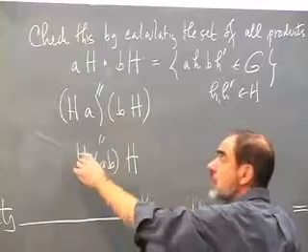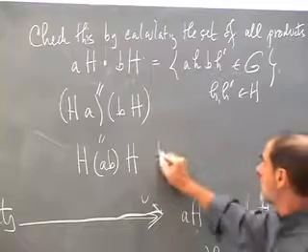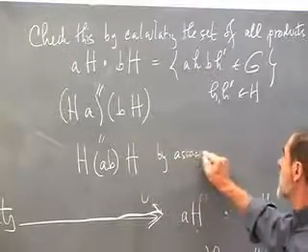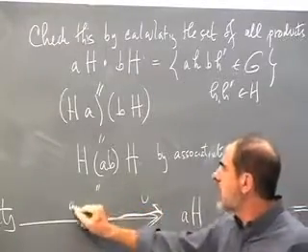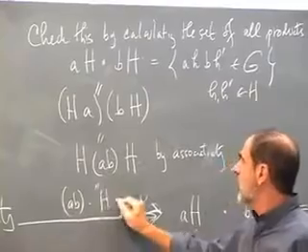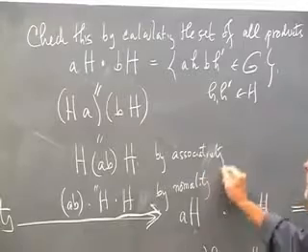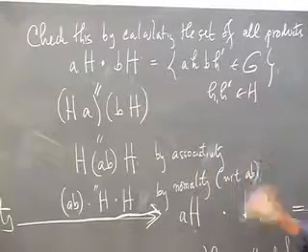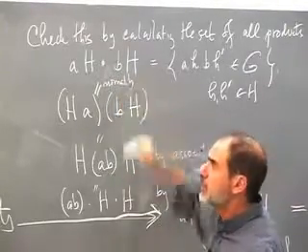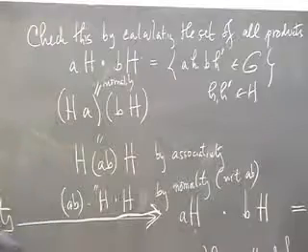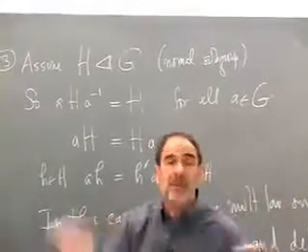So associate AB, it's a set of all things H, AB, H prime by associativity. And now I use the normality of H once again to rewrite this as AB times H times H by normality. Now this time with respect to the element AB, not with respect to the element A. This is by normality. Because for any element A in G, this is the case. We didn't just assume it for the unique element A. To be a normal subgroup, it has to be for any element.